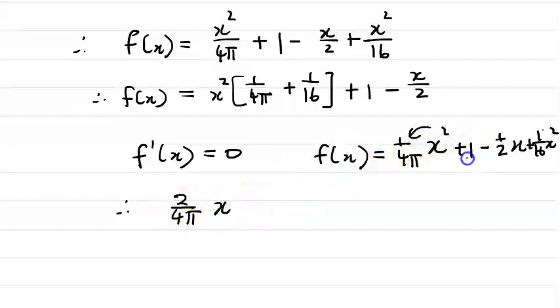You subtract 1 from the power. Remember, the derivative of a constant is 0. The derivative of minus half x will be minus half, and the derivative of 1 over 16 x squared will be positive 2 over 16 x equals 0.